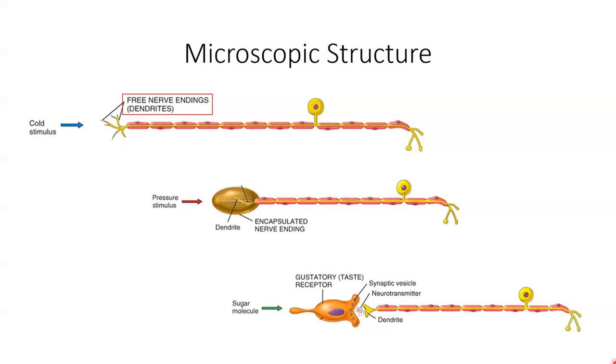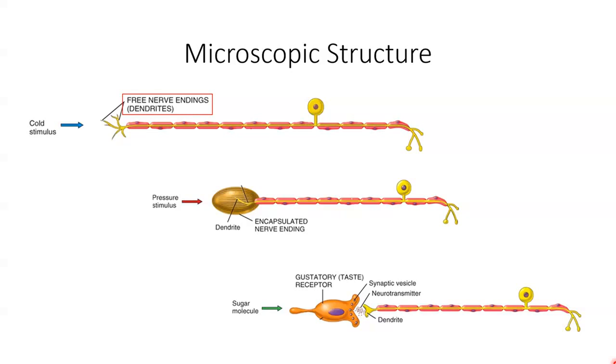They're just the dendrites of a sensory neuron. Receptors for temperature, tickle, itch, pain, and some touch sensations are all free nerve endings. But remember, each of those sensations will have a specific receptor and a specific sensory neuron, even if structurally they're all pretty much exactly the same.